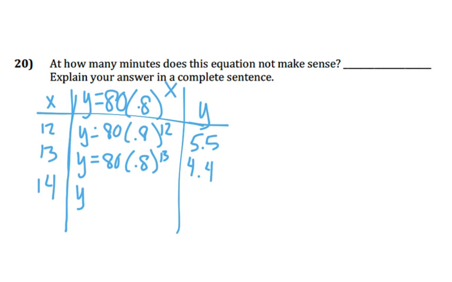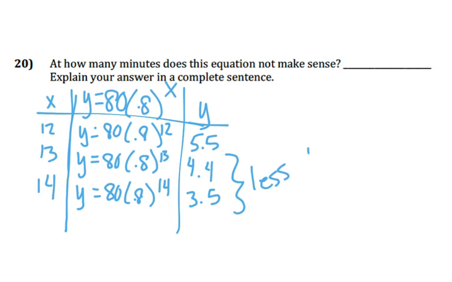And if we put in the 14, we get y equals 80 times 0.8 raised to the 14th power. And this results in giving us 3.5. And here, we're actually losing less than 1 Skittle.